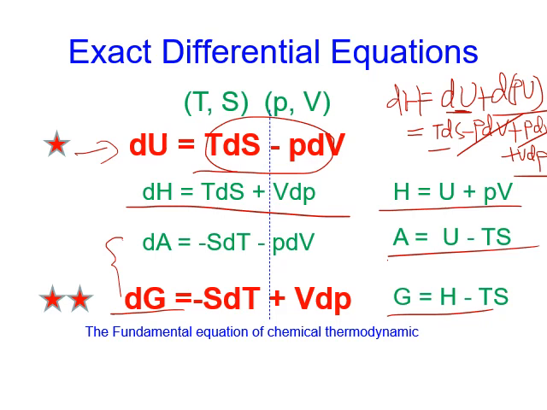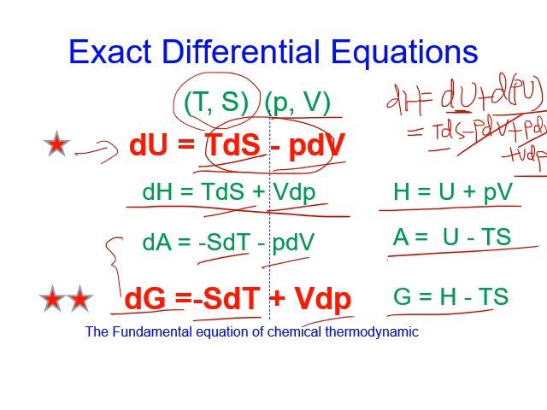Note that all these equations have two terms. One is about temperature and entropy: TdS, TdS, negative SdT, negative SdT. And the second term is about pressure and volume: negative pdV, positive Vdp, negative pdV, positive Vdp.